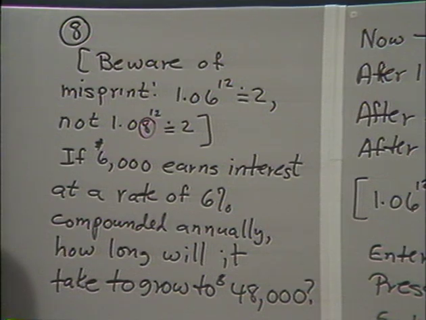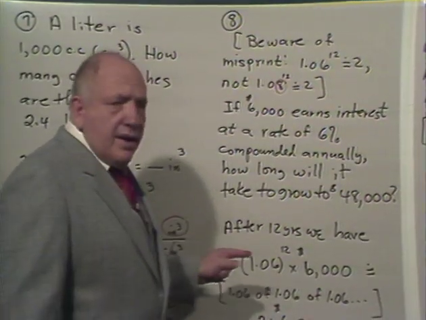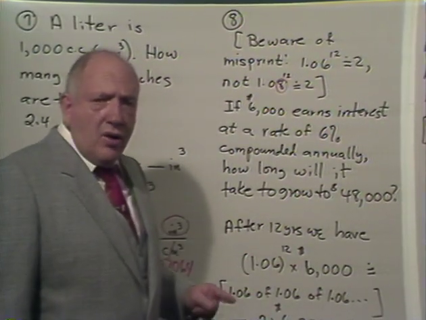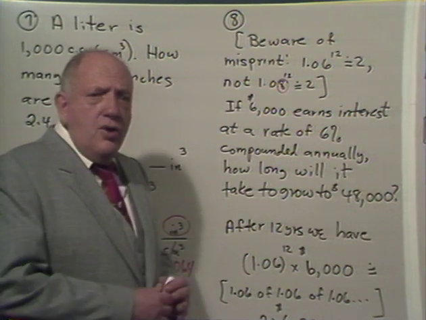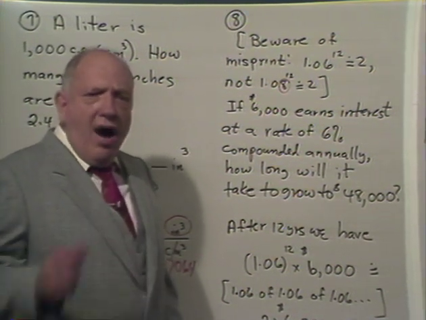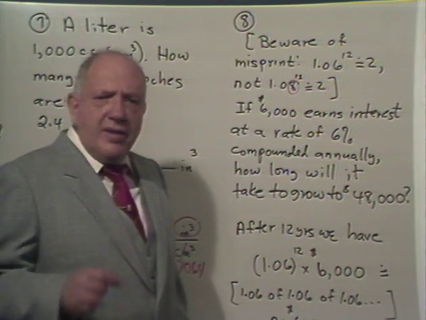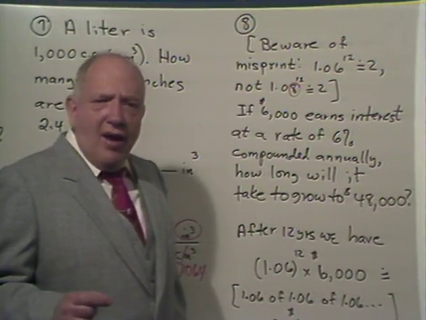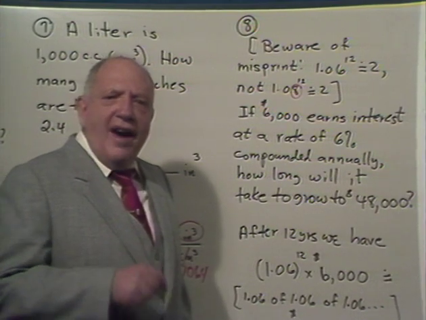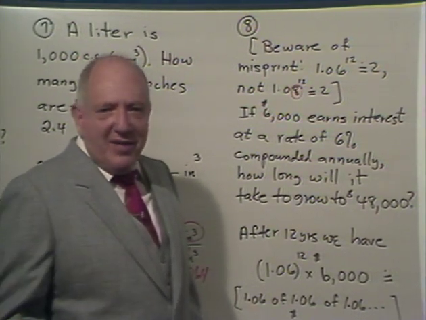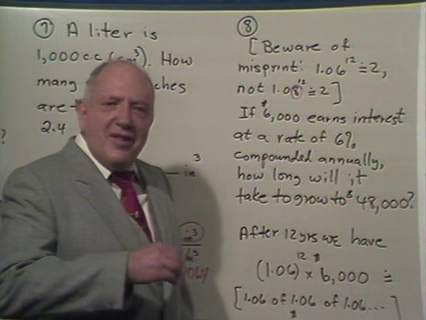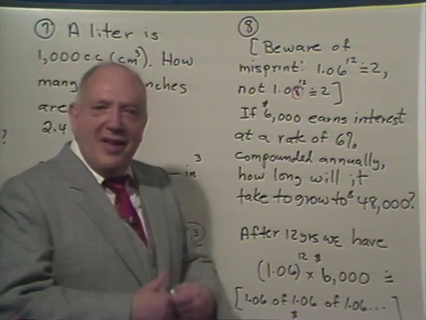You see, the key point to this problem is every year that the money is in here at 6% compounded annually, you have 1.06 of the previous amount. In other words, after 1 year, you have 106% of your $6,000. After 2 years, you have 106% of the 106%. And the next year, it's 106% of the 106% of 106%.